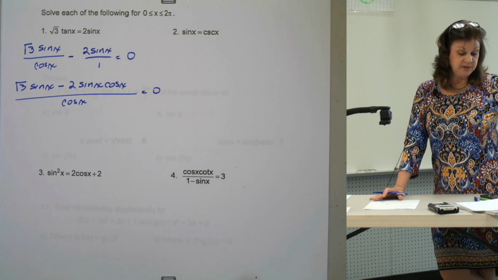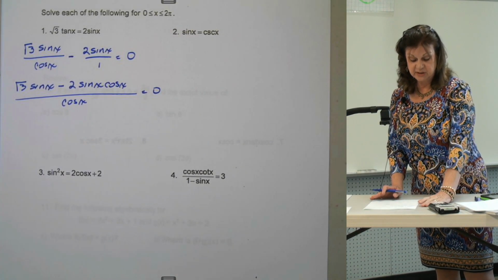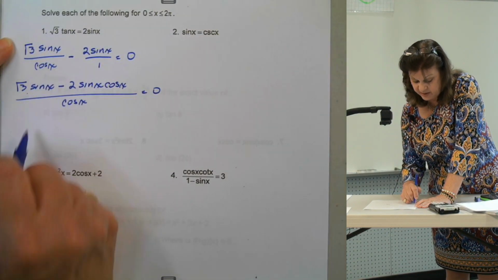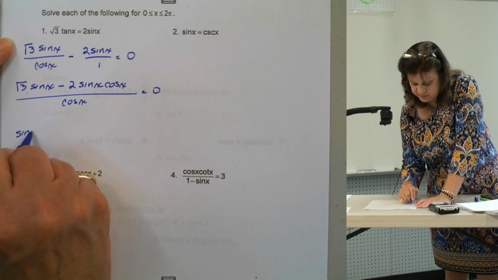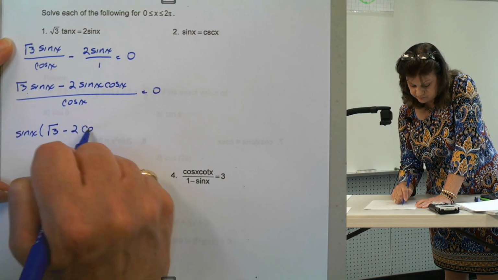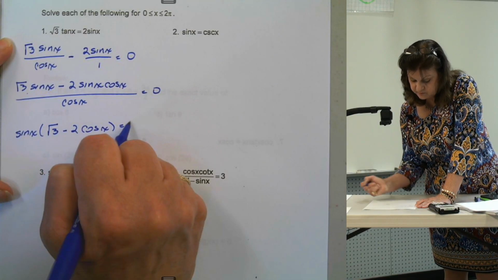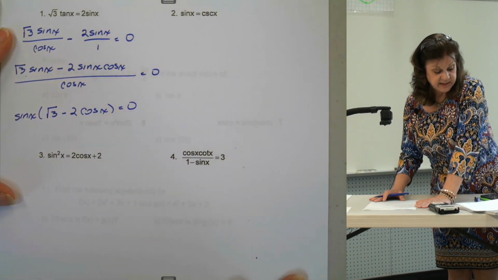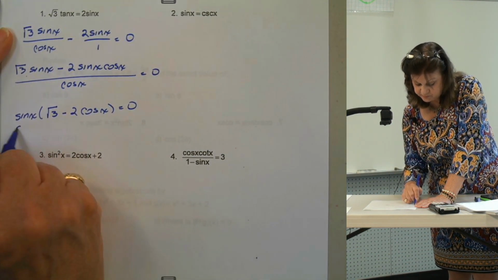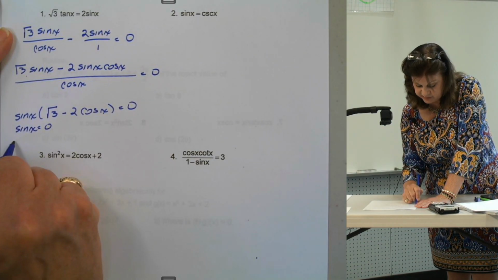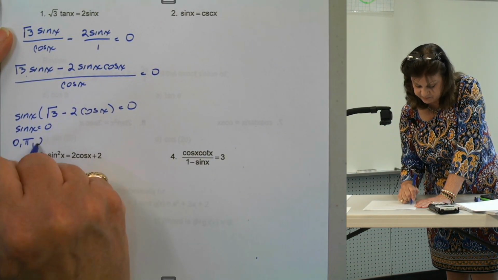Of course, the beauty of this is that the denominator goes away, and I notice in my numerator I've got a common term of sine. So I'm going to factor that out. Now, where does sine equal 0? Well, that happens at 0, pi, and 2 pi.